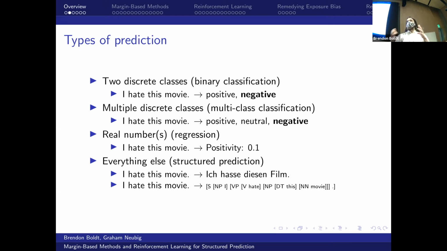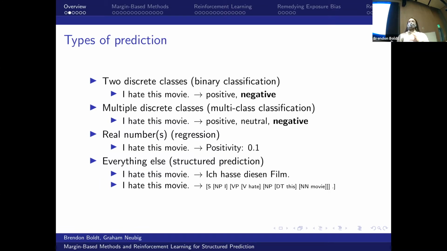This might easily come about in something like sentiment classification when we want to judge a review or the sentence to be positive or negative. We could easily then generalize this to multiple classes. In this case, we could do three-way sentiment classification, positive, neutral, or negative. Of course, we could go even higher than that if we wanted.